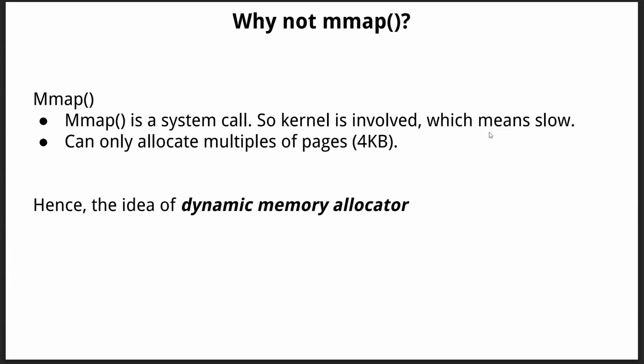It's not worthwhile because they can only allocate big pages, or it's too expensive. So the idea is to use a dynamic memory allocator in user space. Of course, the kernel itself has its own heap or dynamic memory allocator, but that's a different story. The implementation is similar to that of the dynamic allocator in user space.